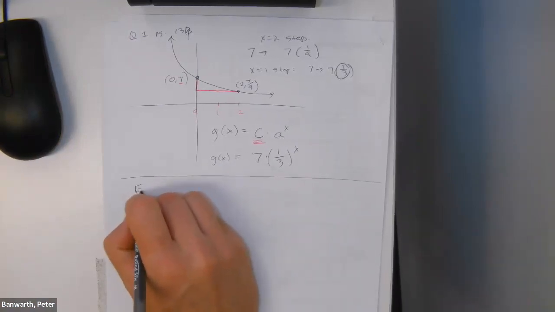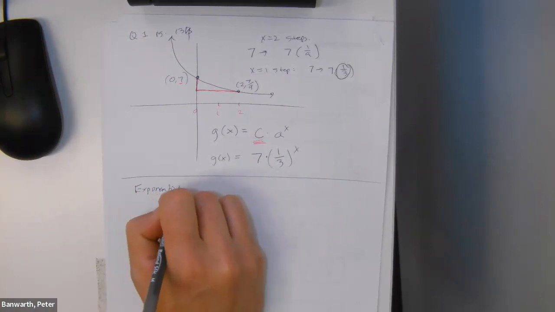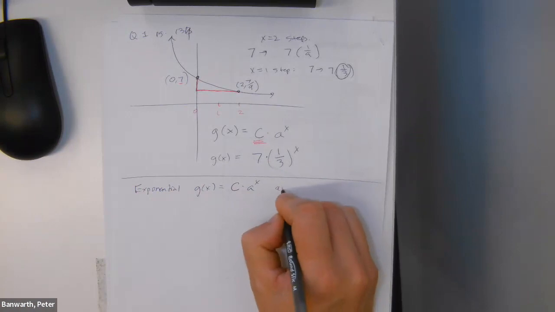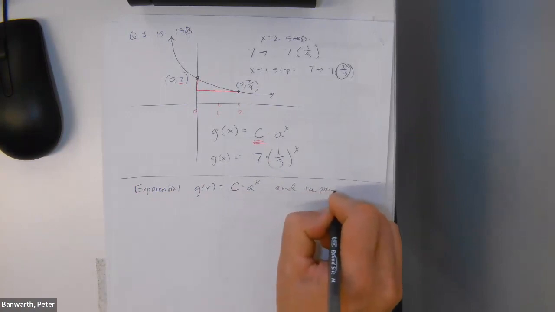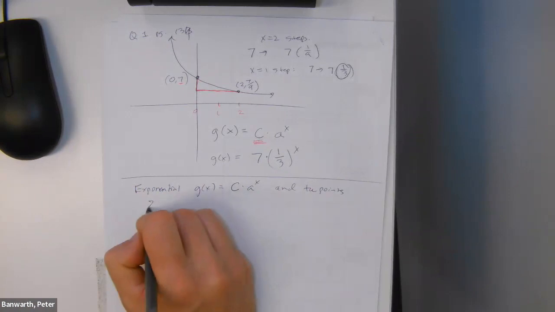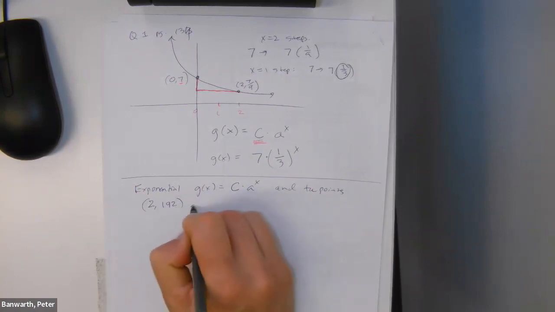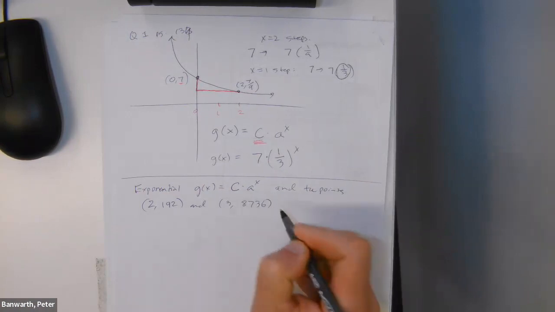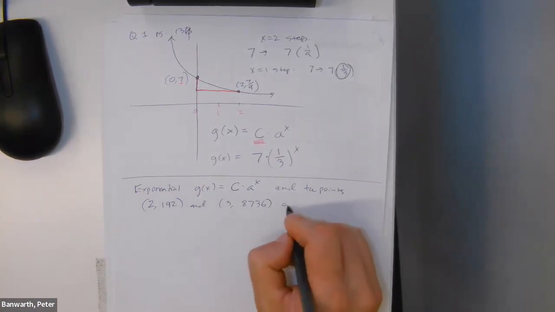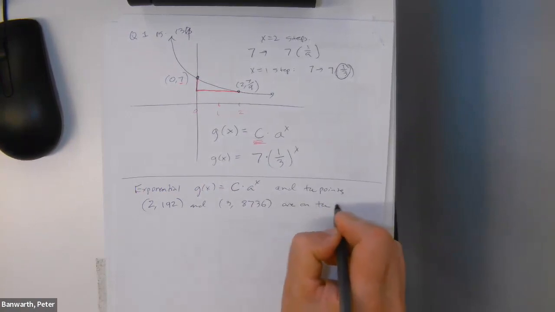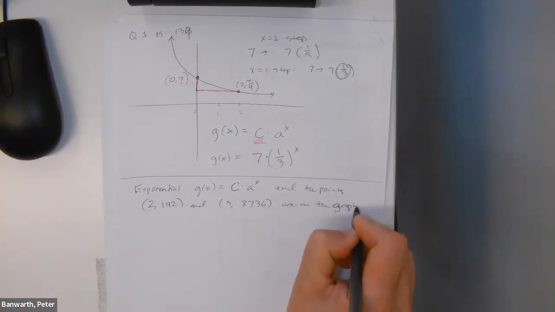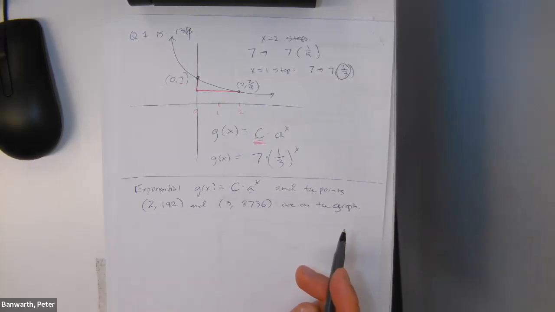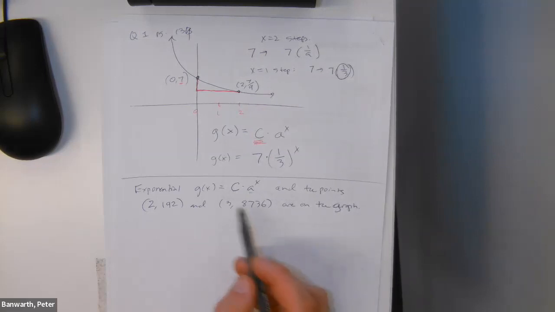So suppose I have an exponential function of the form g of x equals c times a to the x, and the points 2, 192 and 3, 8,736 are on the graph. So I have 2 points, I'm missing 2 pieces of information, so that's going to be enough for me to figure this out.